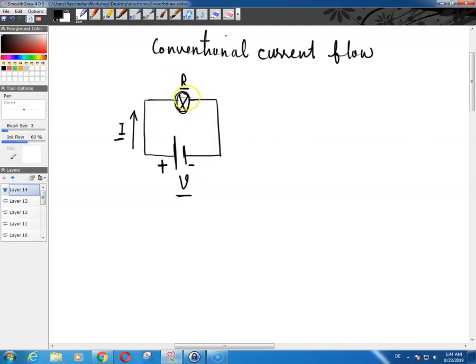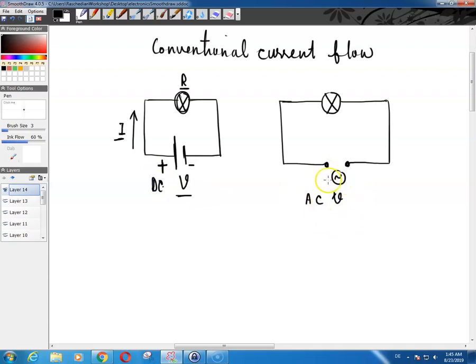Now, even if you connect your lamp to an AC power supply, for example, even to a signal generator or anything like that, then over here, of course, you're going to have some AC voltage. Here you have a DC voltage. You have some AC voltage here.